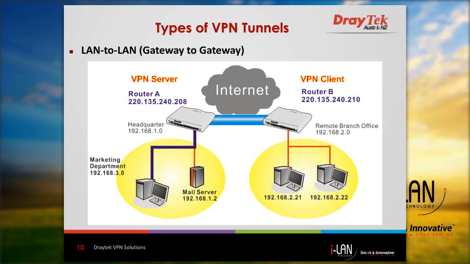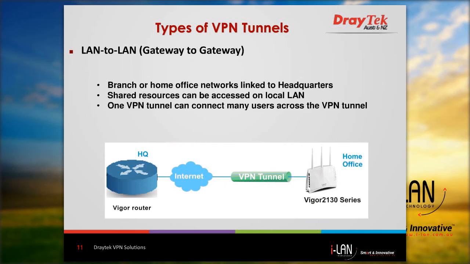As you can see in this diagram, the LAN to LAN VPN tunnel is used to connect a branch office to the head office, or headquarters, to share resources. One router is the VPN server, which is on the left-hand side there, and then on the right-hand side we've got the VPN client. So the client will dial into the VPN server.